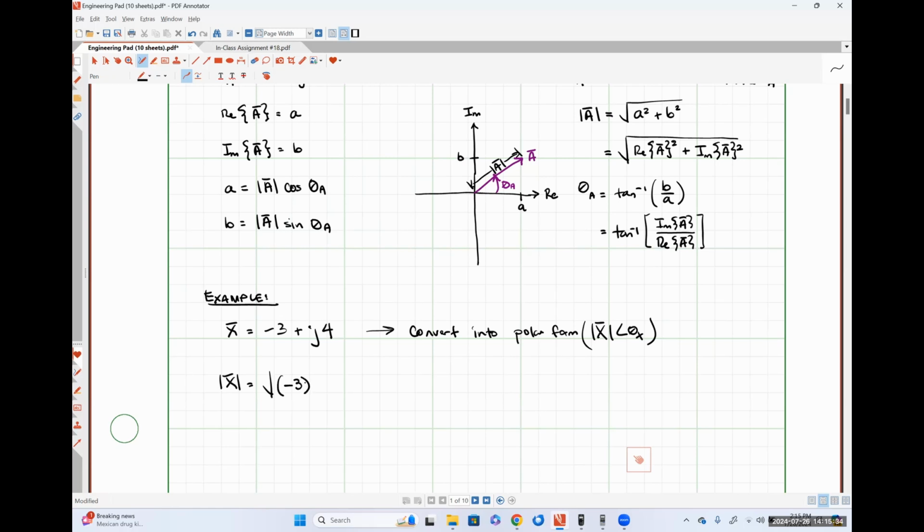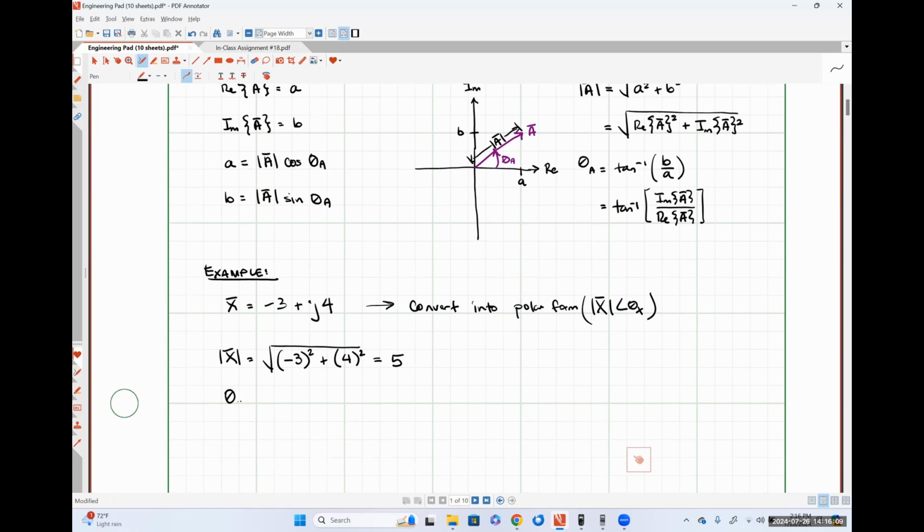So just to be granular here, I'm going to do -3 squared. I know that there is no difference between -3 squared and +3 squared, but I'm about to illustrate a point. That's why it's important, but you're correct. Plus 4 squared. And I intentionally did this because it's a simple 3, 4, 5 triangle. So this is going to come out to be 5 because 16 plus 9 is 25, square root of 25 is 5. So that bit's fairly straightforward.